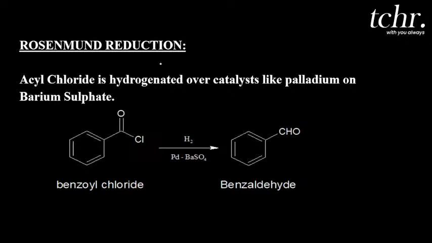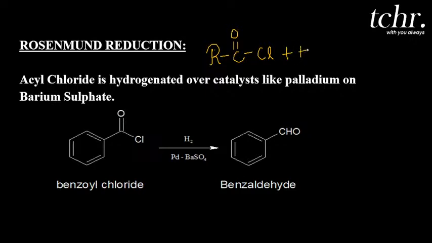In general, if I explain this reaction, I'm writing the general equation. If I take acyl chloride, RC double bond OCl, yes, it is acyl chloride, what I do is reduction. Students, what is the meaning of reduction?